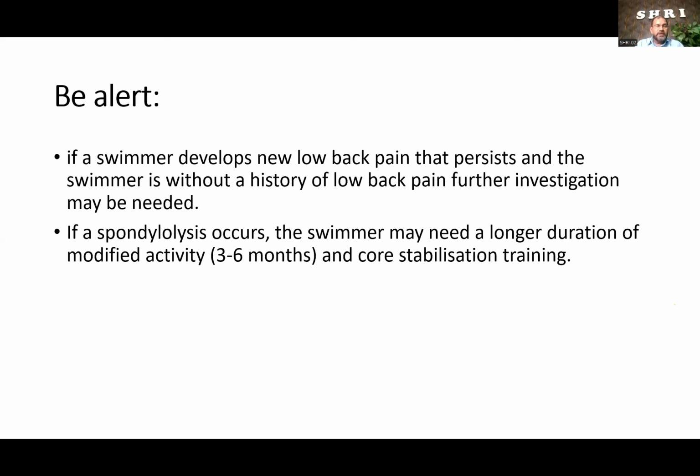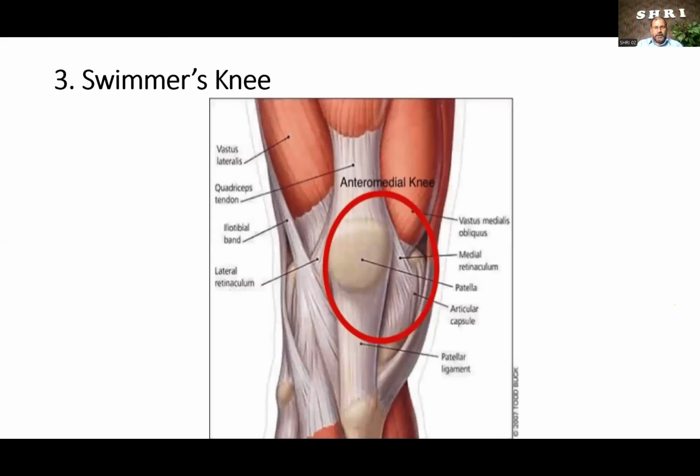They might have stress fractures also. If a spondylosis occurs, the swimmer may need a longer duration of modified activity. It might go up to 6 months of rehabilitation, and at the same time we have to do core stabilization training. Then the third overuse injury, the common injuries in swimming, is swimmer's knee.